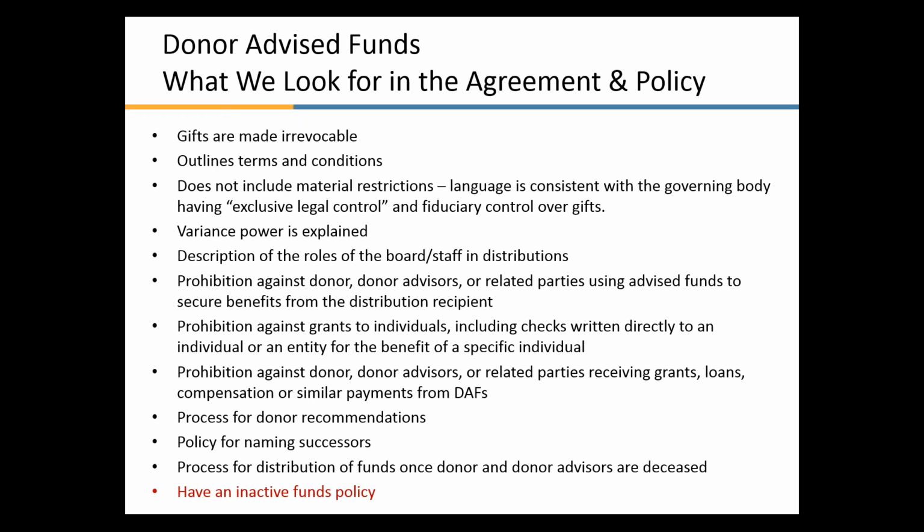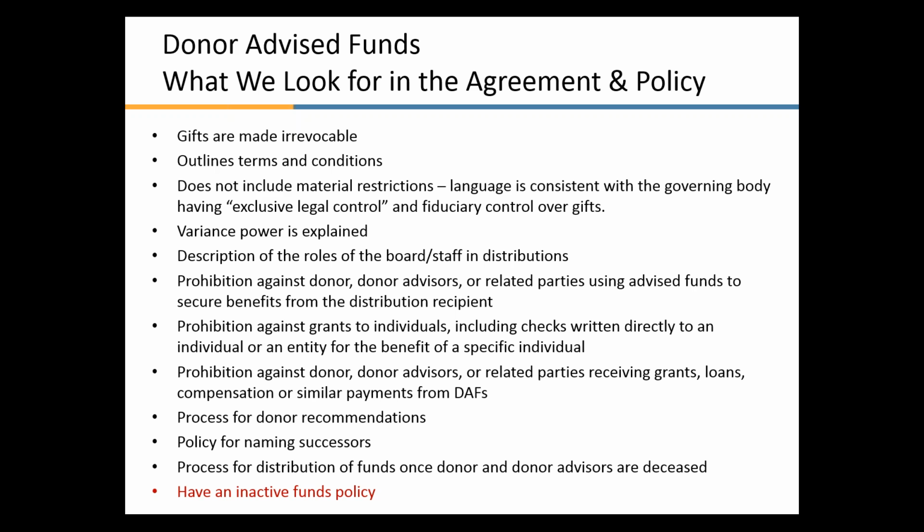That you have a policy or process for naming successors or not having successors, if that's the case for your community foundation. And a new thing that we are looking for is an inactive funds policy within either your donor advised fund agreement or in your policy. And again, the sample documents have sample language for what an inactive funds policy would look like.